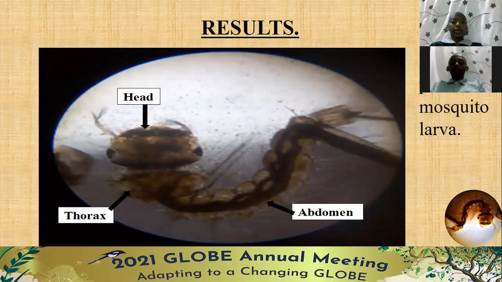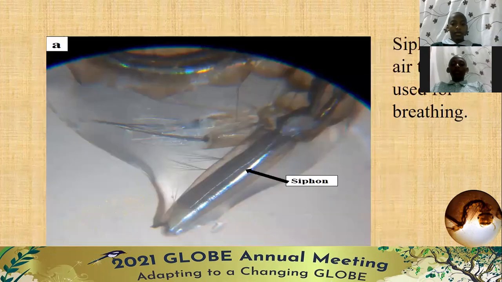Results. Major parts of a mosquito larva are head, thorax, and abdomen. Siphon. The siphon is an air tube used for breathing.